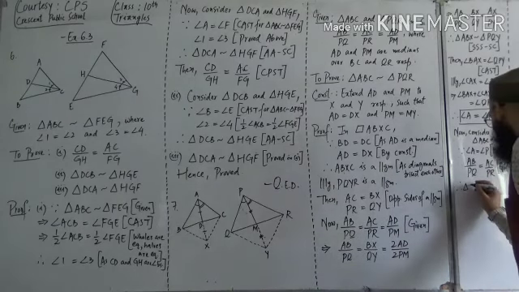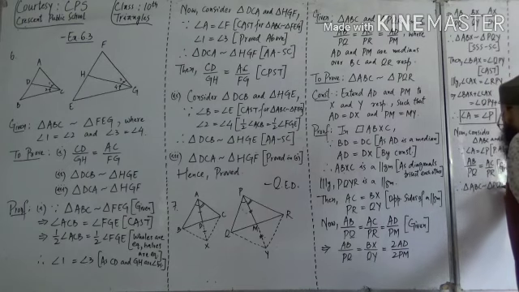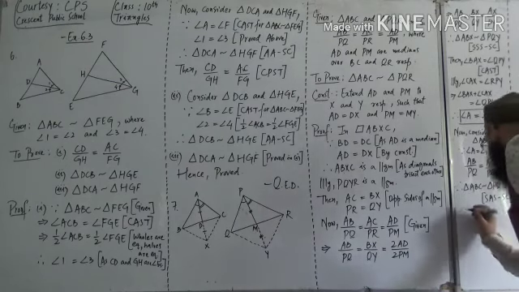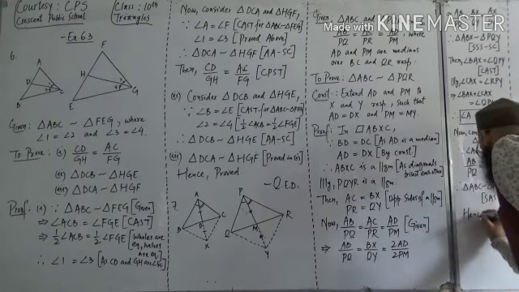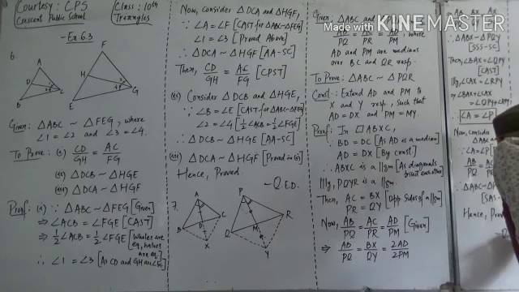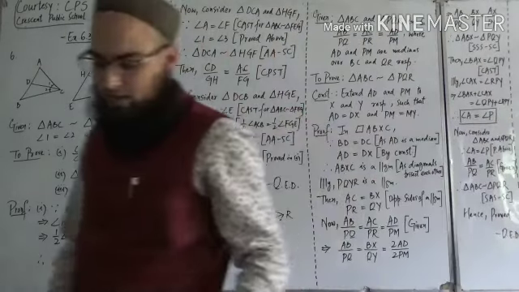Therefore, triangle ABC is similar to triangle PQR by side angle side similarity criterion. Hence proved. Quod erat demonstrandum. Make a note.